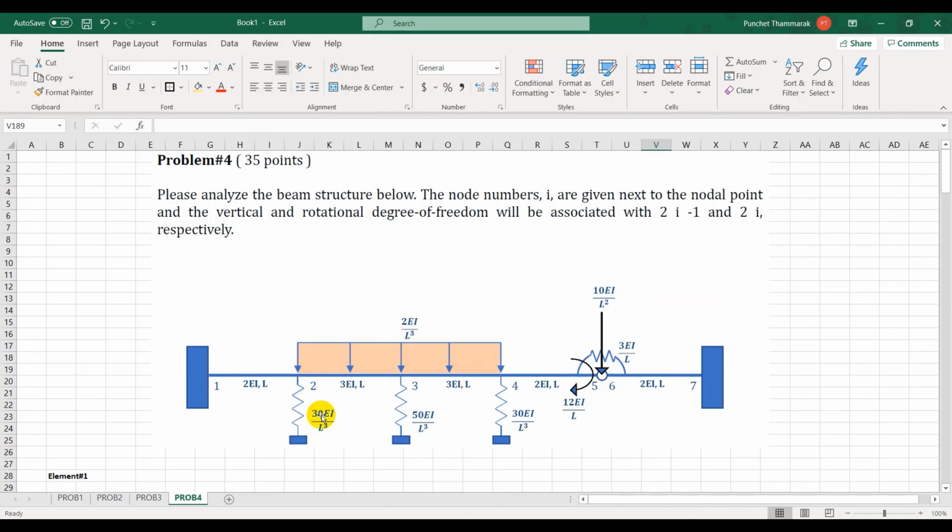Oh, don't forget these 3 spring supports, I'll incorporate that. Over here I'm going to put the 10 on degree of freedom number 9, and this 12 will be on number 10.